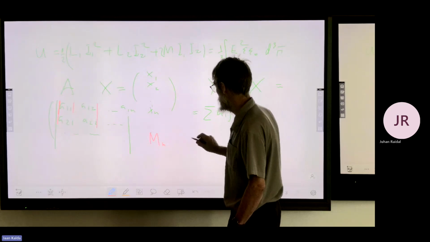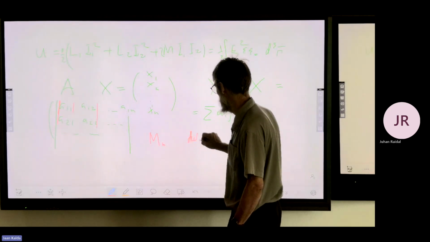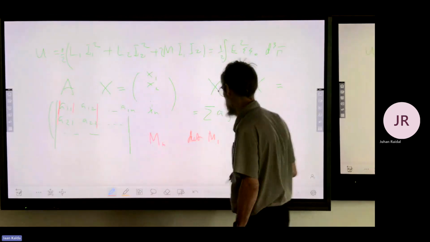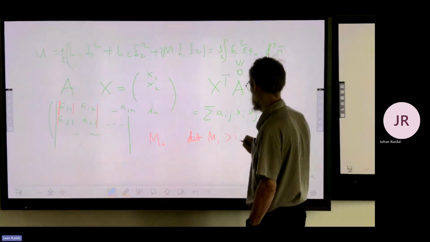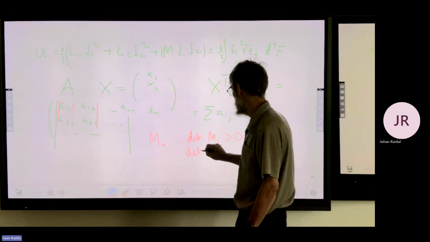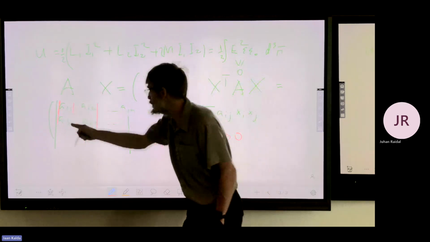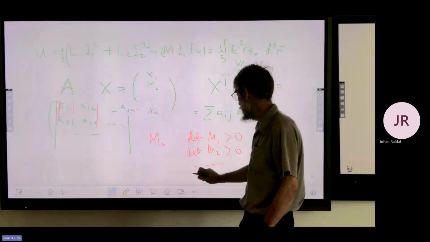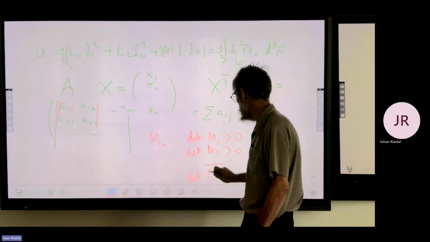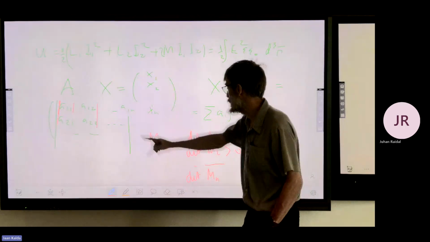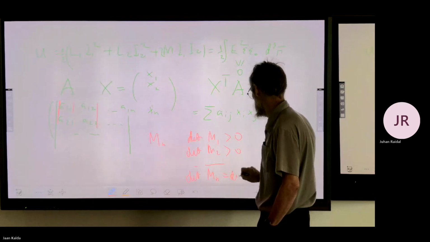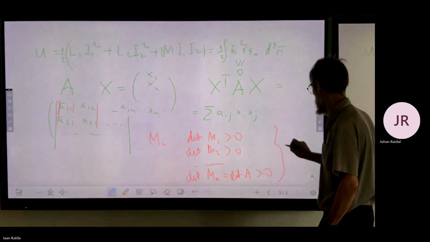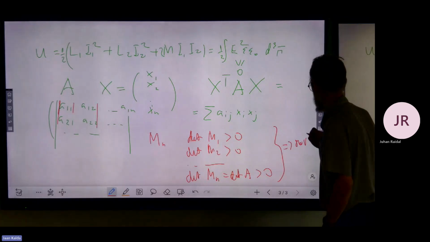So we must have the determinant of M1, which is just the element itself, must be positive. The determinant of M2, which is this 2 times 2 matrix here, positive, and so on, and the determinant of the full thing, which is the same as the determinant of A, must also be positive, and then it is positive definite.